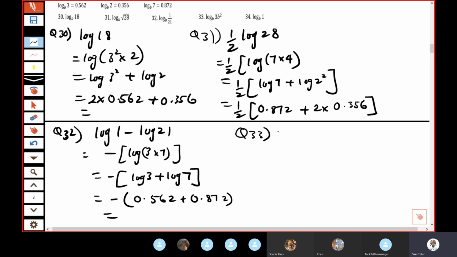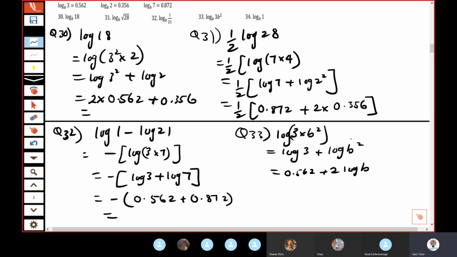It's 33, log base b of 3 times b squared. It becomes log 3 plus log b squared. Log 3 we know is 0.562. This becomes 2 log b. Don't forget this is a b and this is sub-base b.